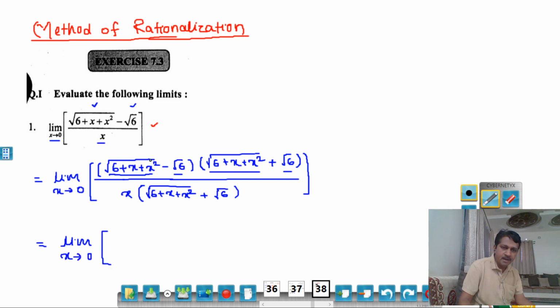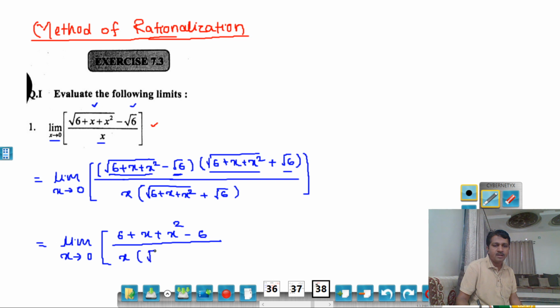Square of first, म्हणजे पहिल्याचा जर मी वर्ग केला तर याचं स्क्वेअर रूट निघून जाईल. म्हणजे मला काय मिळेल 6 plus x square minus square of second using a minus b into a plus b. Square of first minus square of second means square of root 6 is nothing but 6, and this complete divided by x into square root of 6 plus x square plus root 6.